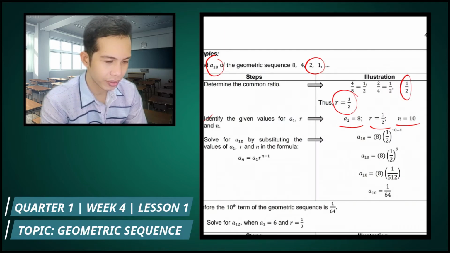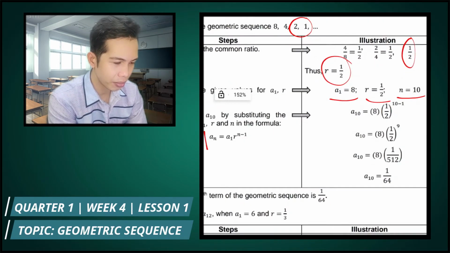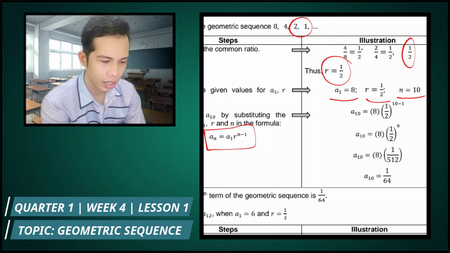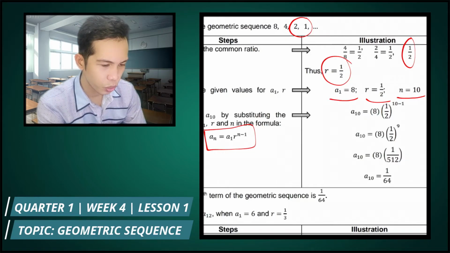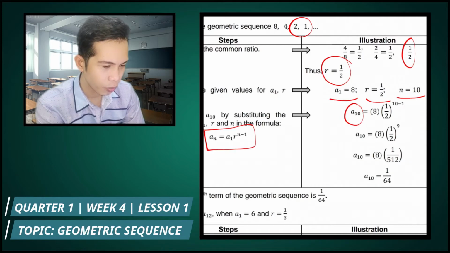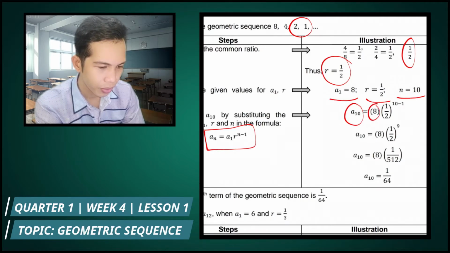So we have the formula a sub n is equal to a sub 1 times r to the n minus 1. By substitution, a sub n, which is a sub 10, and a sub 1, which is 8, the first term, and then r is 1 over 2, and then n minus 1 will be 10 minus 1.